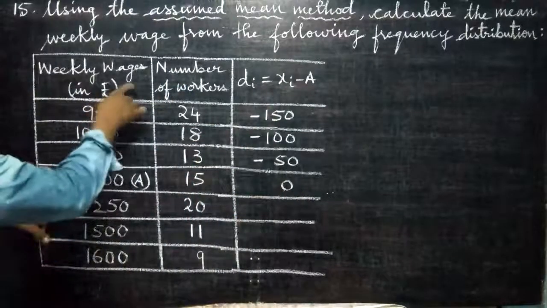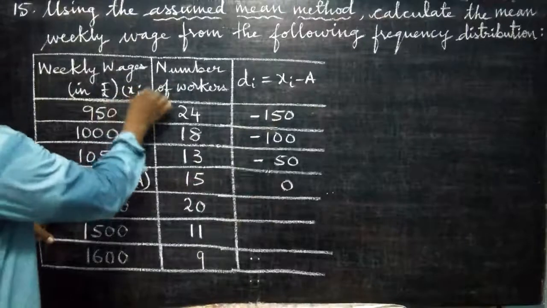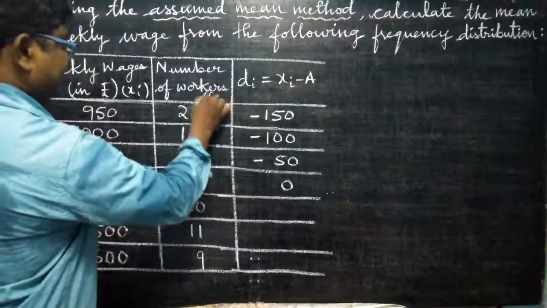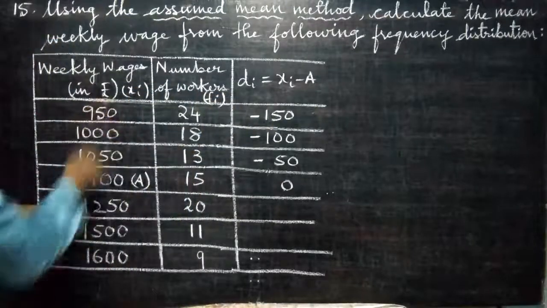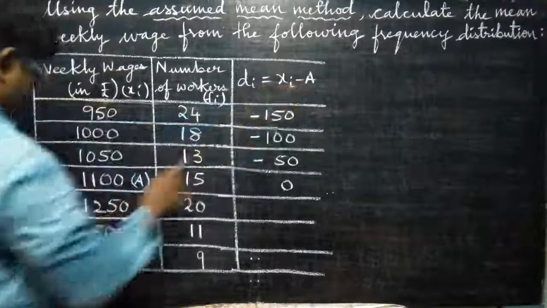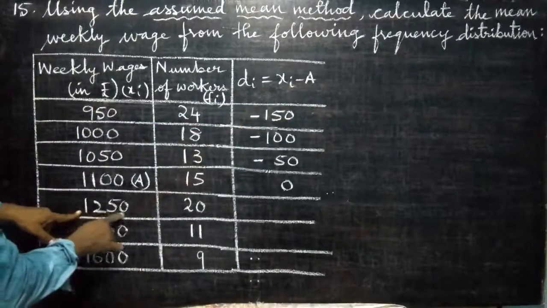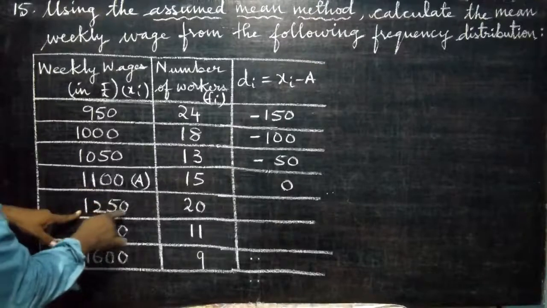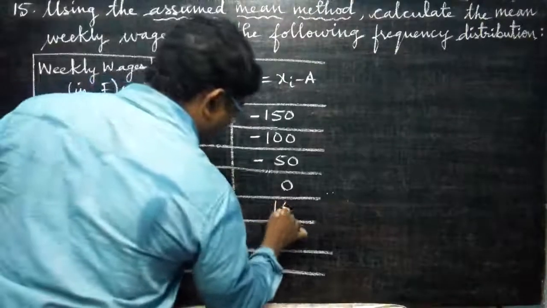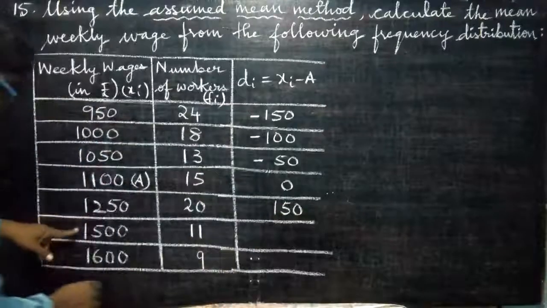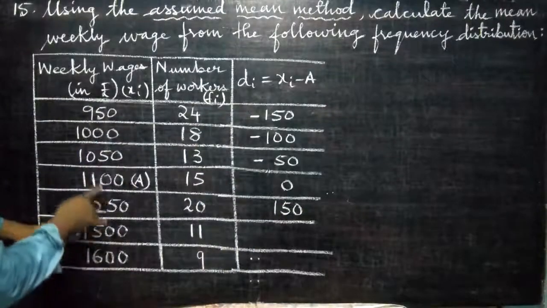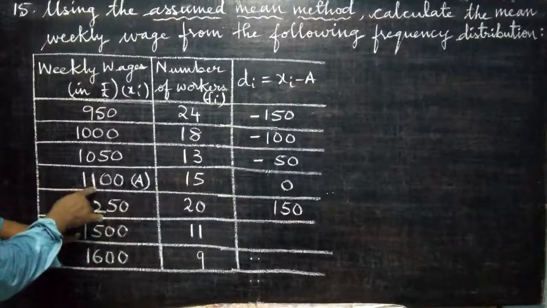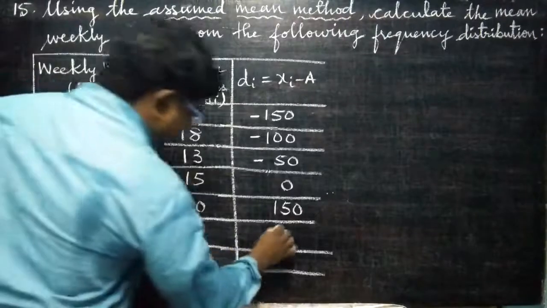Now this one we call xi, and this is fi. So xi minus A I am doing: 1250 minus 1100 means here 150. Next here 1500 minus 1100, so plus 400.